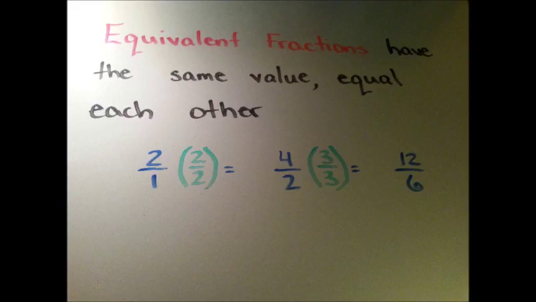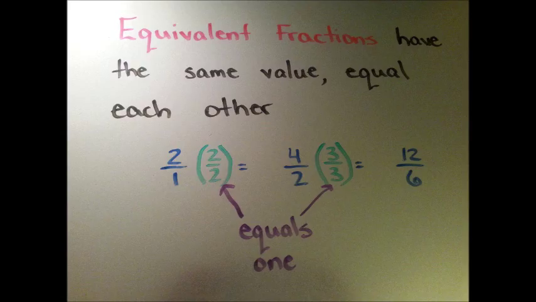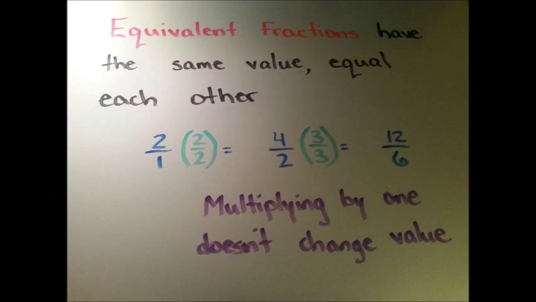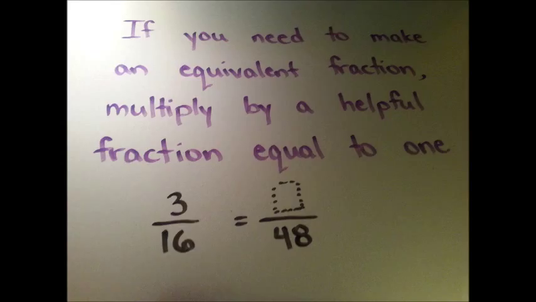Or to turn 4 halves into 12/6, we can multiply by the helpful fraction 3 divided by 3. And notice that 2 divided by 2 and 3 divided by 3, well, those fractions are both equal to 1. And multiplying by 1 doesn't change the value, which is why these fractions are equivalent. We started with one fraction and multiplied it by 1. We didn't change its value. It's almost like we gave it a Halloween costume.